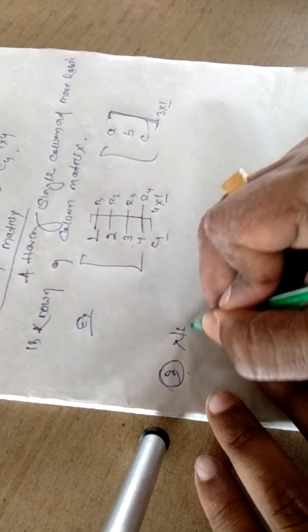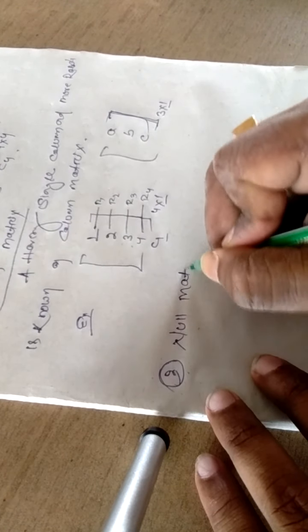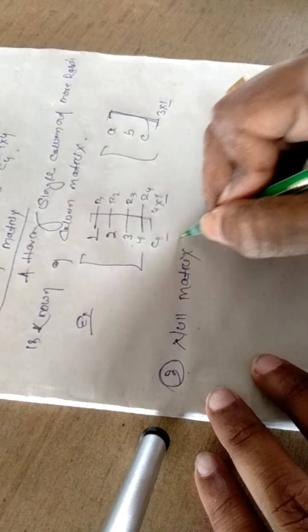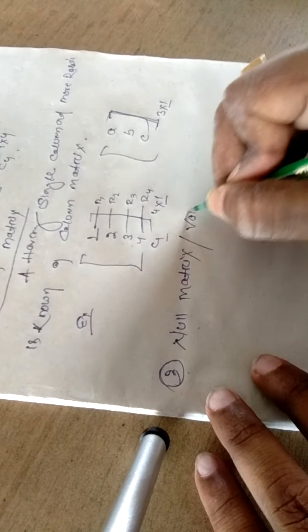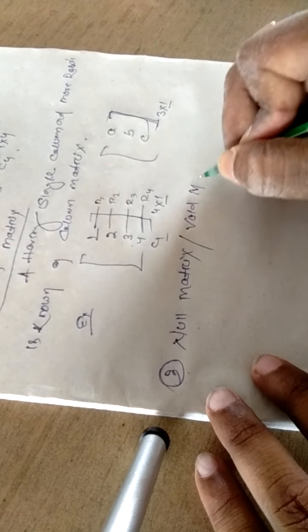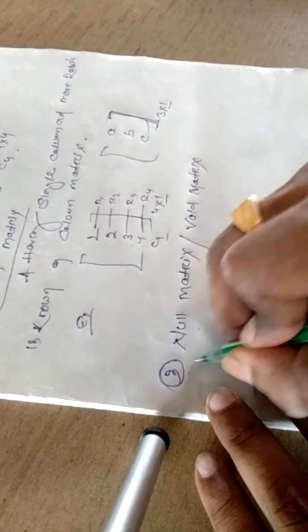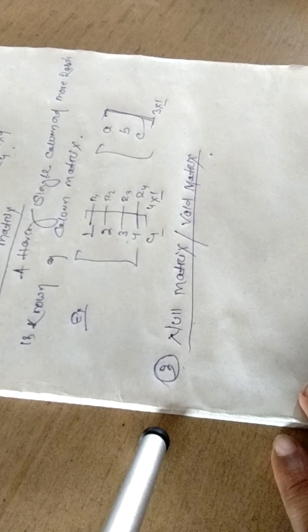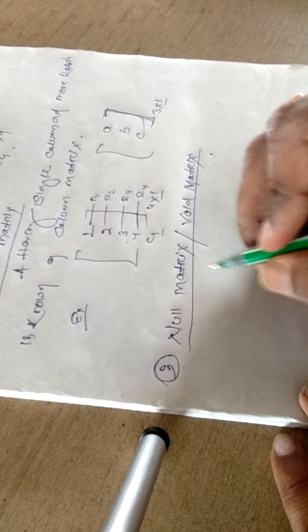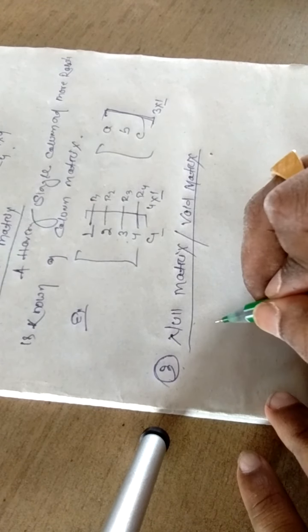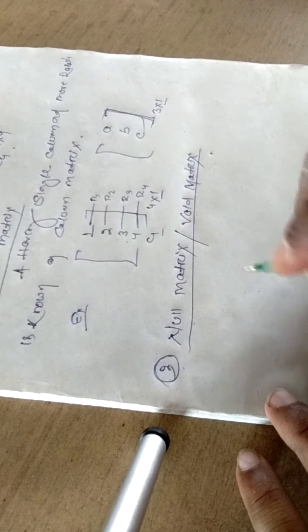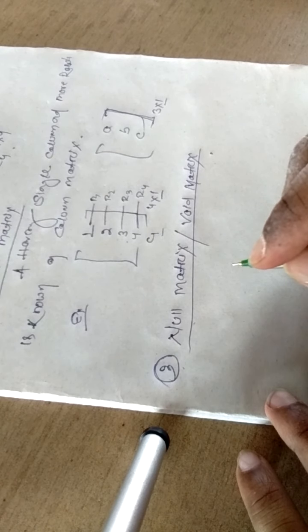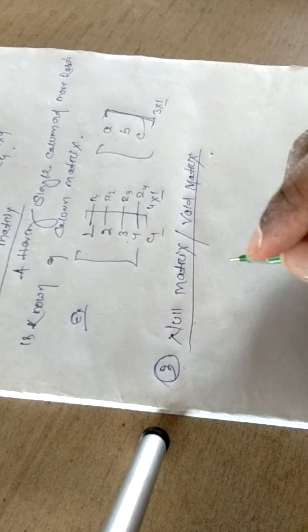Then study the null matrix, or we can say void matrix. A matrix is said to be a null matrix if all its elements are zeros.